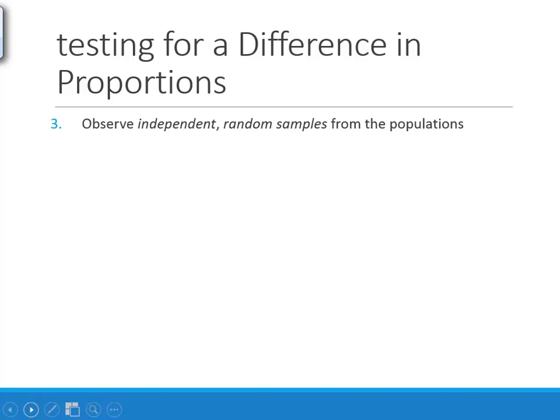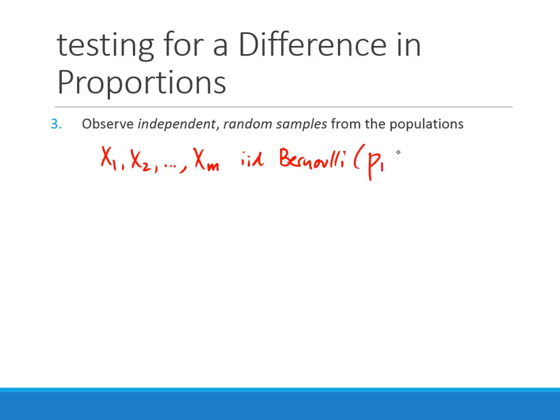So again, next we want to observe our independent random samples from each population. What we have here is x1, x2, all the way up to xm will be IID Bernoulli with success probability p1. Each one of our observations will be a 1 or a 0 based on yes, it is a success for whatever we're looking at, or 0, it's not a success.